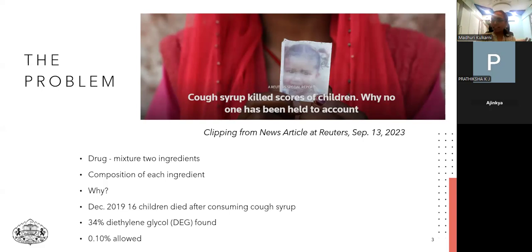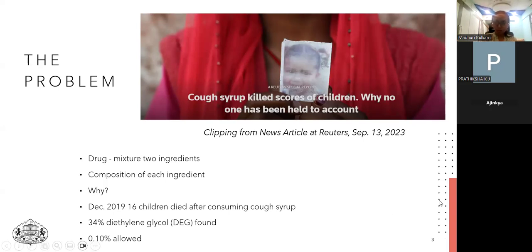mixture of 2 ingredients. But the composition of the ingredients is also already predetermined. There is a standard proportion, and this proportion has to be strictly followed.